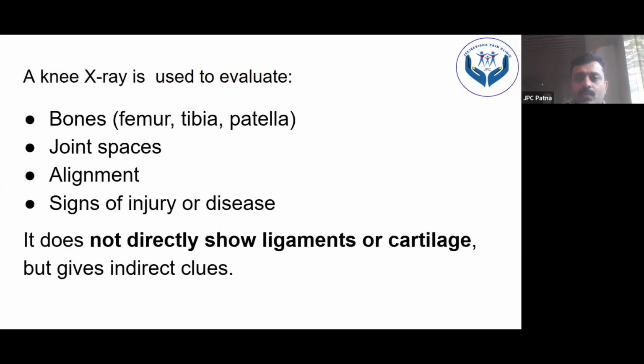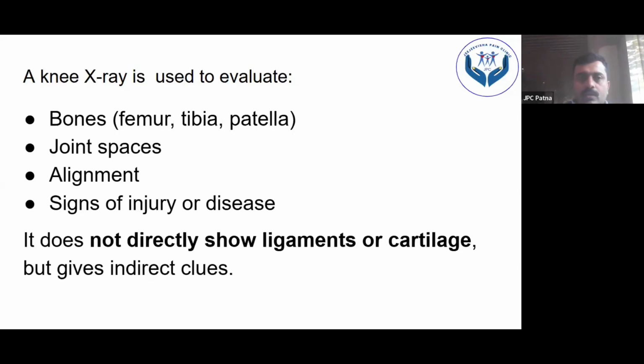But if you evaluate the X-ray minutely, there are multiple things which will decide whether you have to plan for further evaluation, including MRI or ultrasound or anything else. So knee X-ray is a very important component to decide about any issues around the knee.